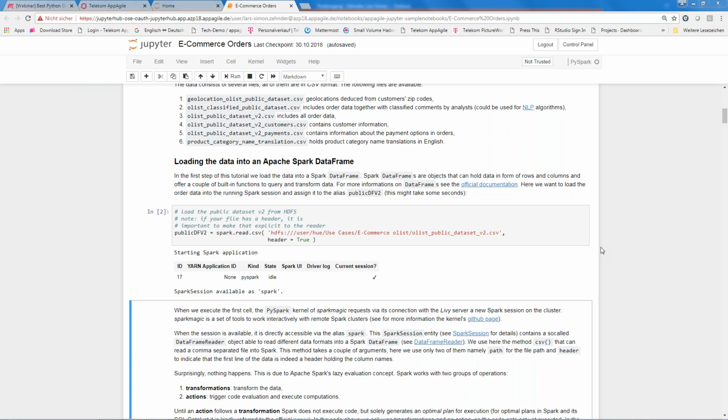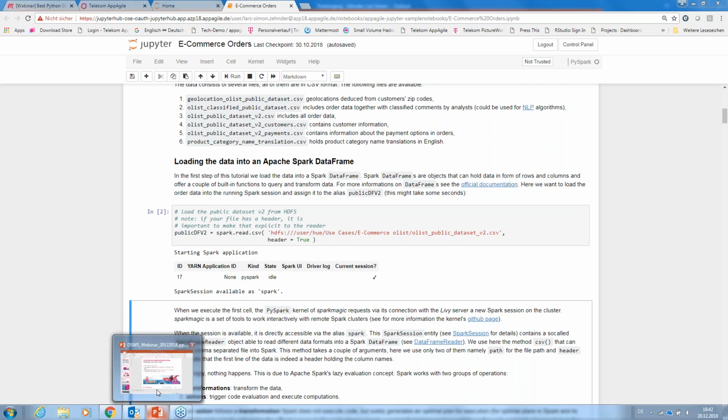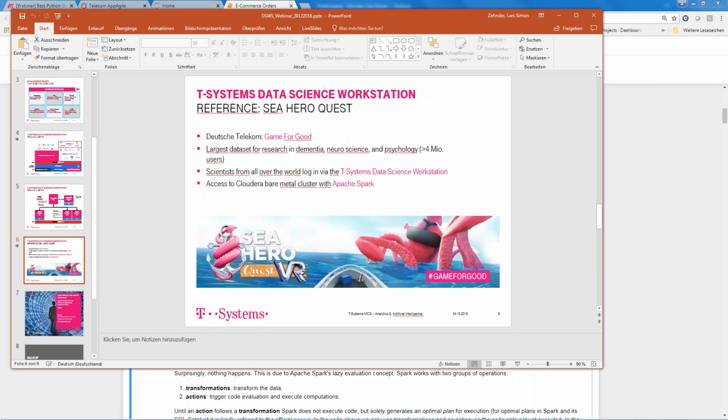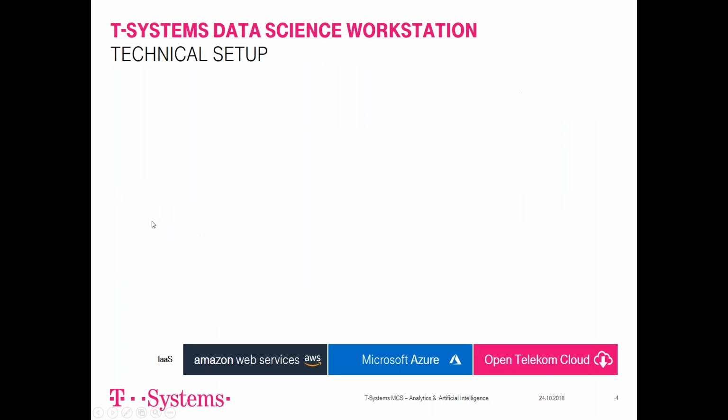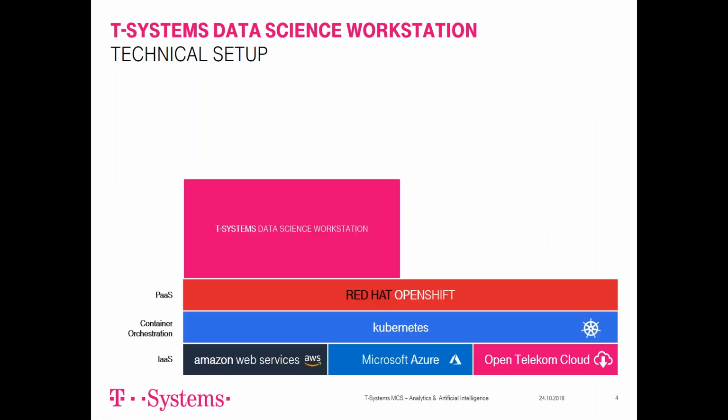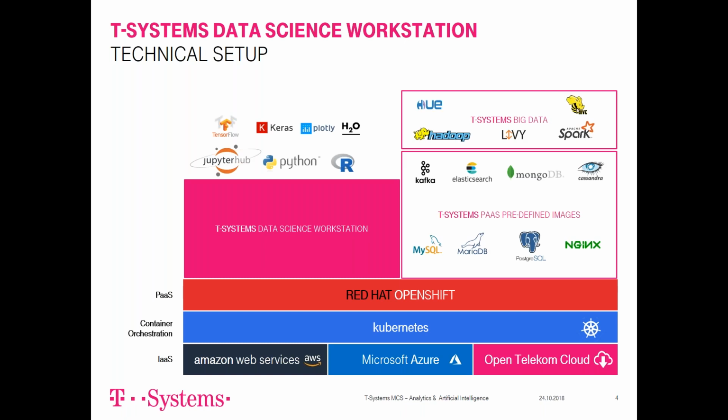Can you dive a little deeper into the infrastructure in use and the context of the T-Systems data science workstation? Sure. So if we talk about the setup on our platform, the infrastructure that can be used includes, for example, GPUs.